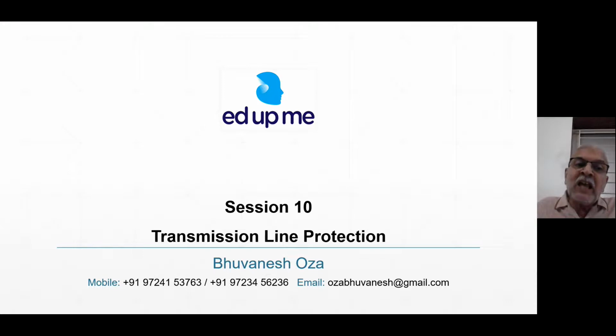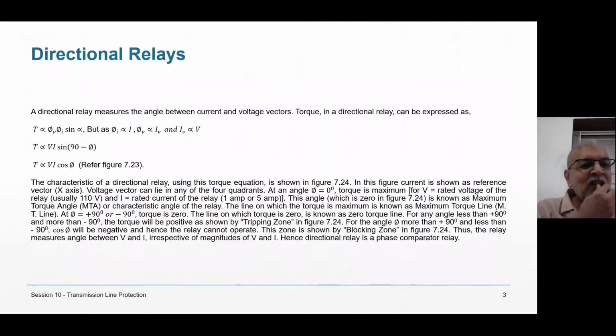So we have seen where the direction is required, and what the networks are. There can be many, but out of them we have seen a few. Now we have to see how we measure the angle between current and voltage. So in today's session we'll see how we measure the voltage and current.